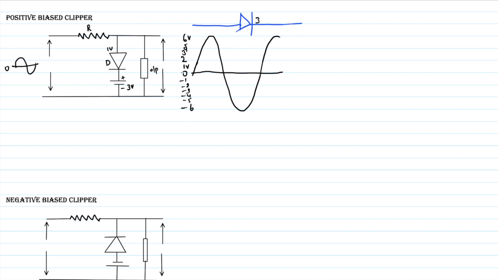So cathode is 3 volt. Anode's voltage alone will keep on change, because that's what we are applying as an input. So first we will see 1, 2, 3, 4, 5, 6. So what happens when you apply 1 volt to the anode? When you are applying 1 volt to the anode, cathode is more positive. So if cathode is more positive, it means that I will draw it here.